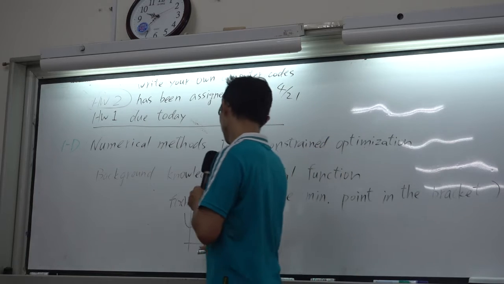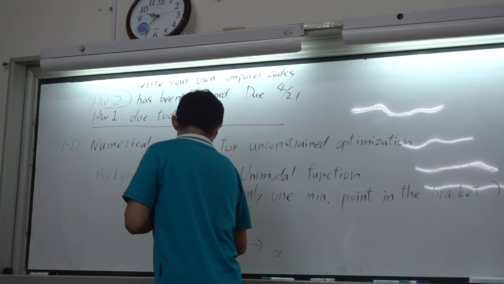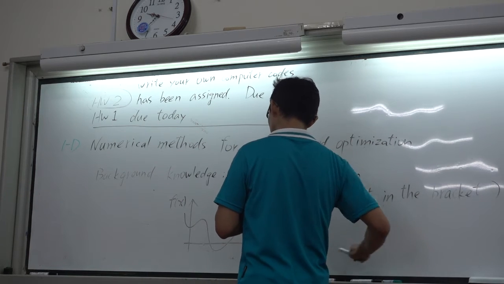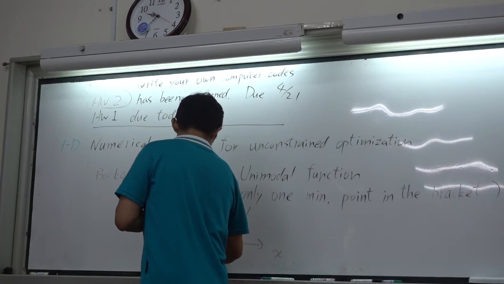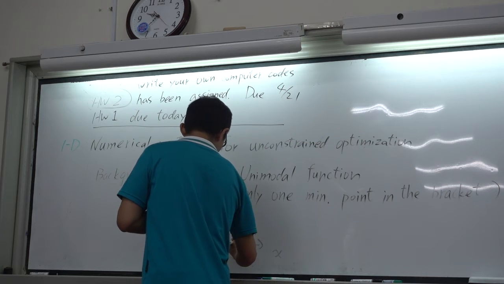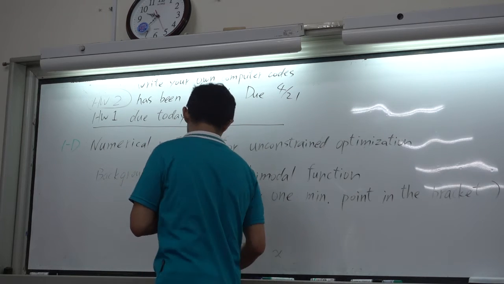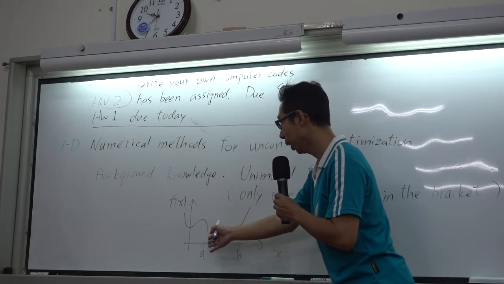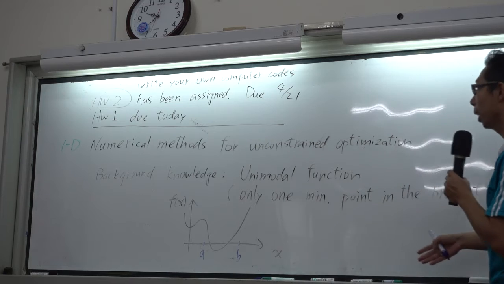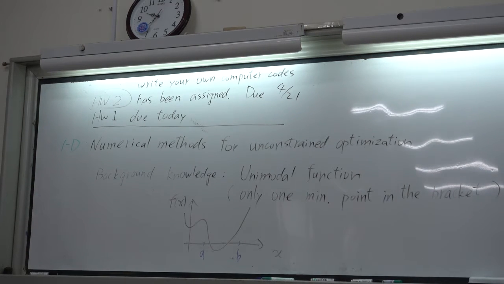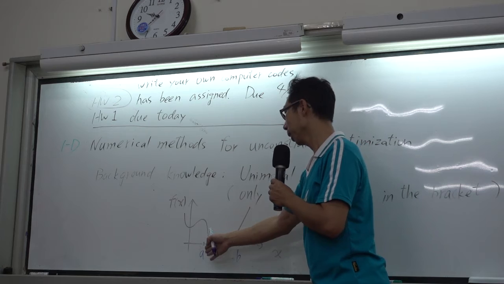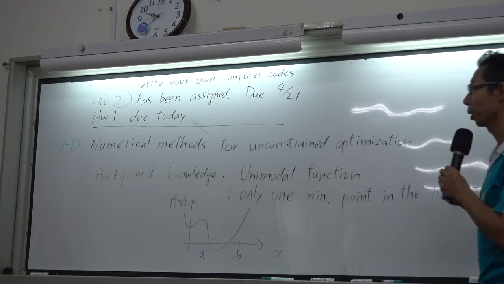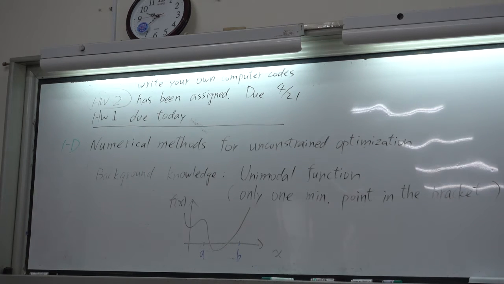But if I say I only want to search within this bracket, with point A over here and point B here, as you can see, inside of this bracket within A and B, you only have one minimum point. So within this AB bracket, we do have a unimodal function. That's just the basic idea.